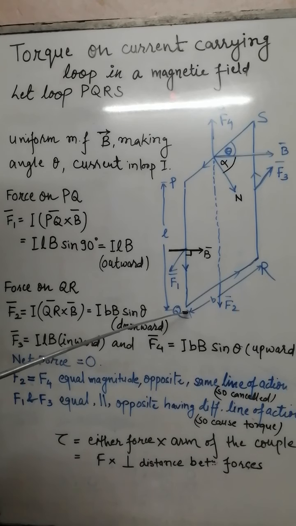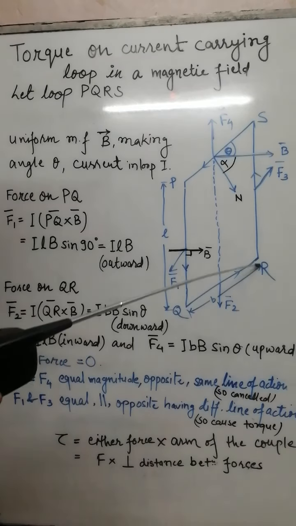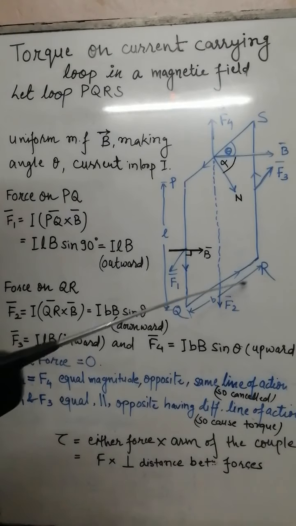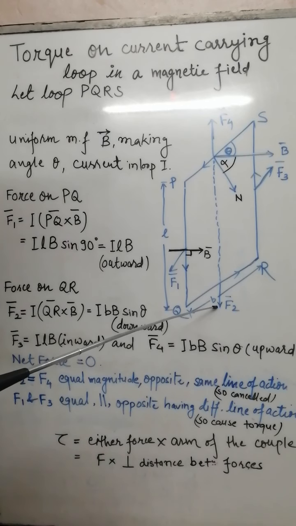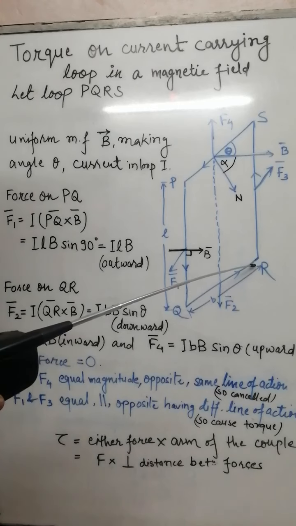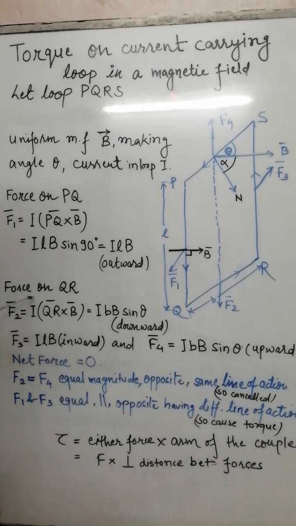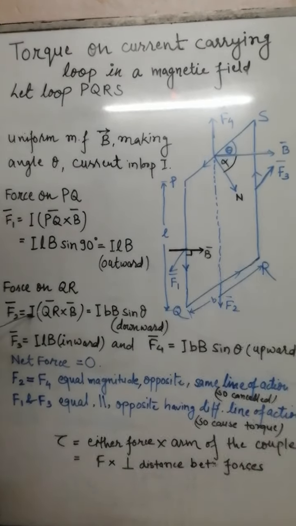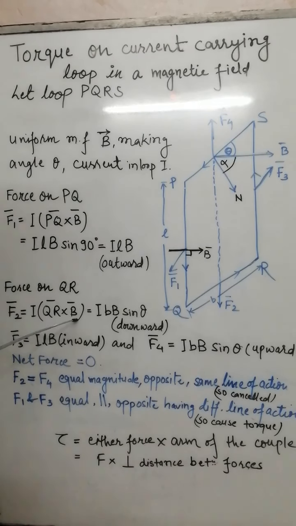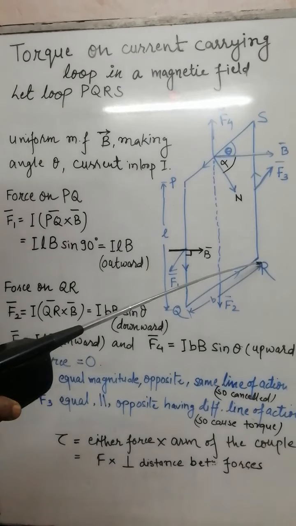Okay, next come to arm QR. Force F2 experienced by this arm will be given by F2 is equal to I QR cross B, where QR is the length of this part QR.